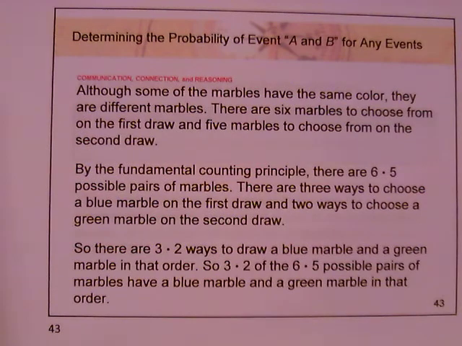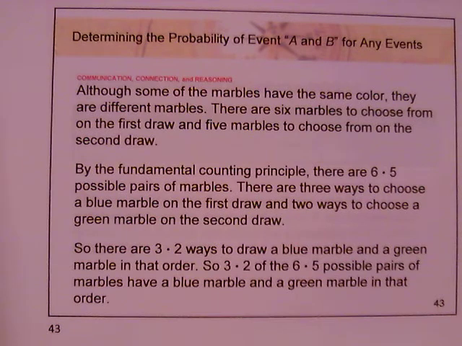Although some of the marbles have the same color, they are different marbles. There are 6 marbles to choose from on the first draw and 5 marbles to choose from on the second draw. By the fundamental counting principle, there are 6 times 5 possible pairs of marbles. There are 3 ways to choose a blue marble on the first draw and 2 ways to choose a green marble on the second draw.